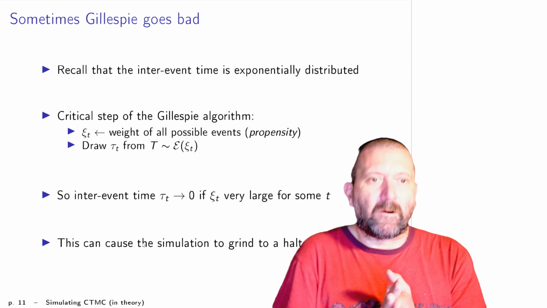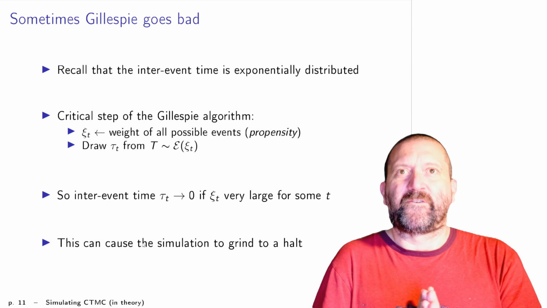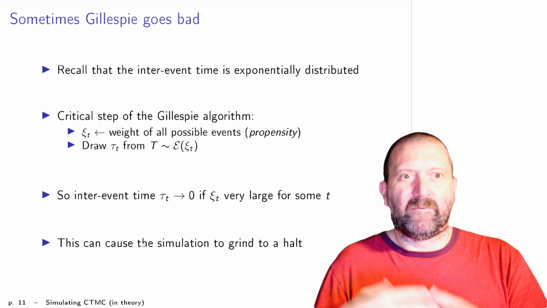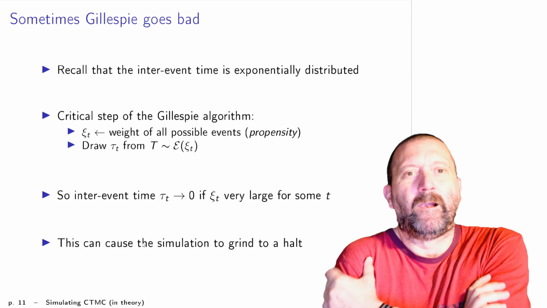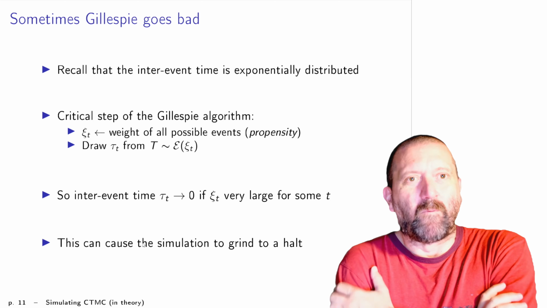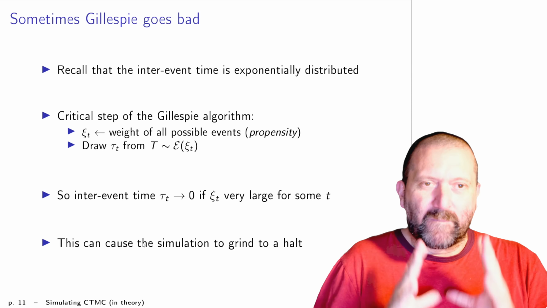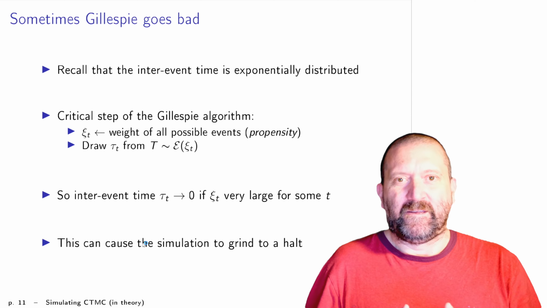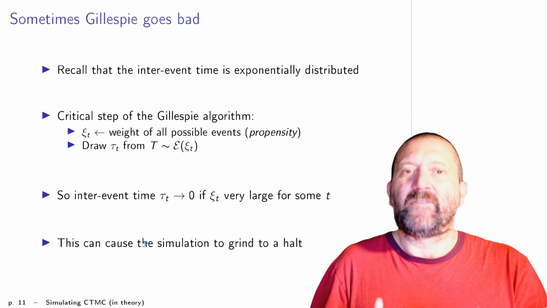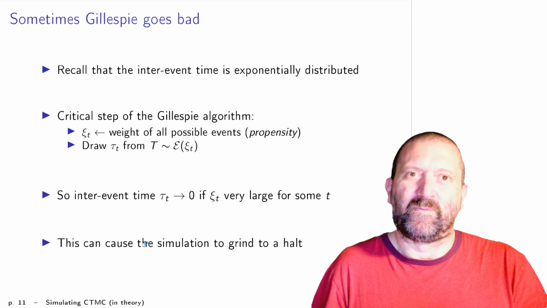Now, there are issues with the Gillespie algorithm, and that's one of the reasons why you will probably want to use some packages later. The main issue with Gillespie is that the inter-event time is exponentially distributed.